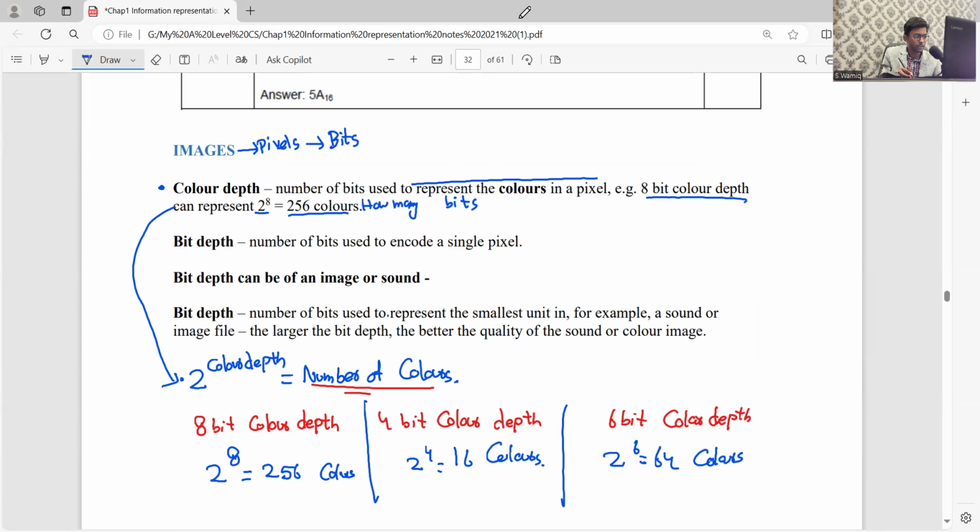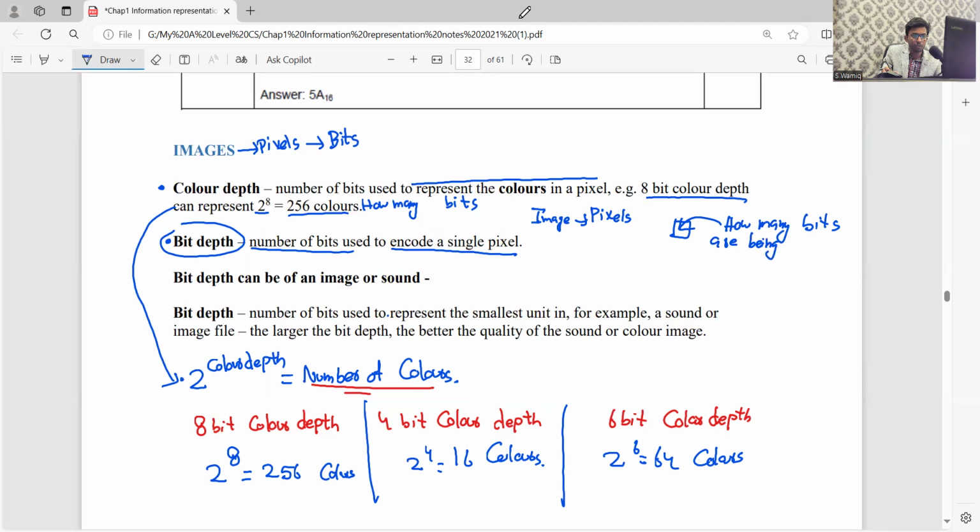Then apart from this, I have the bit depth. Bit depth is the number of bits used to encode a single pixel. For example, if you have an image, that image has pixels, and bit depth means how many bits are being used for encoding a single pixel, right?